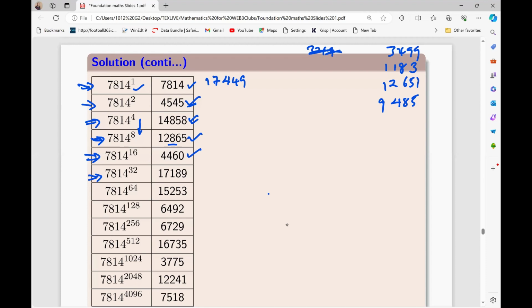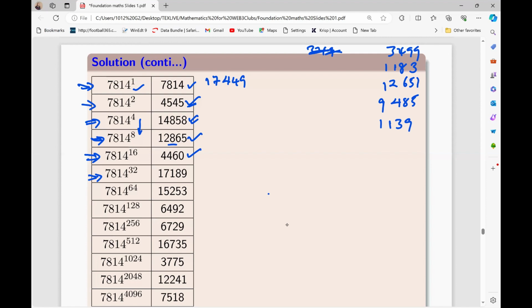I'm getting 19,891,600 divided by 17,449. It goes there 1,139 times. Let's find the remainder.